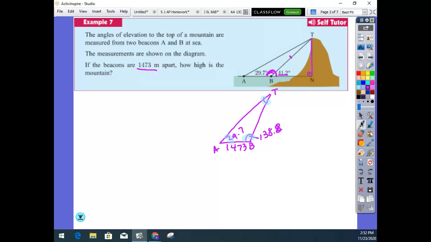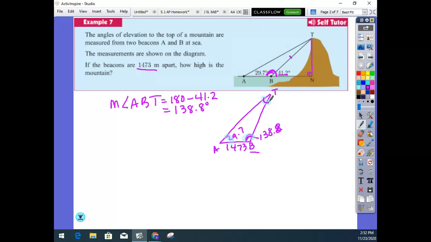So let me write this out if this would help. To find the measure of angle ABT, right in this corner here, we did 180 minus 41.2 to get 138.8.